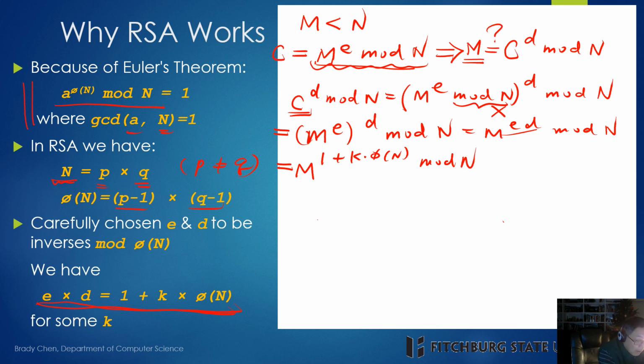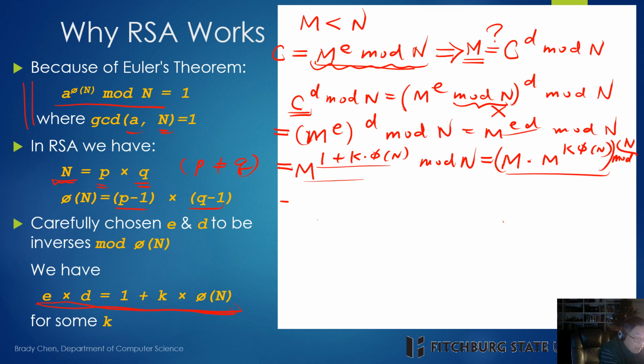Let me write one more expression so we can better understand this. This can be written as m times m to the k phi of n, mod n. So we can write this as a multiplication, separating these two items.